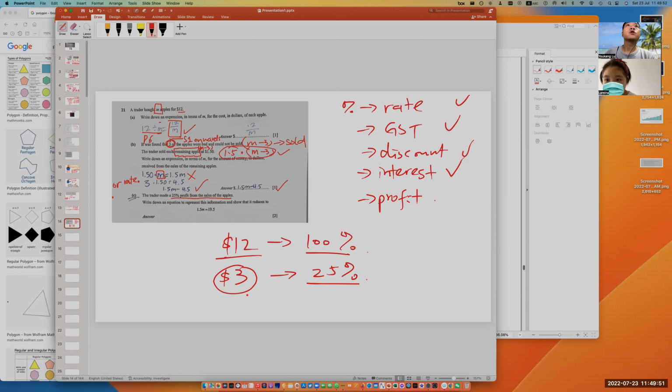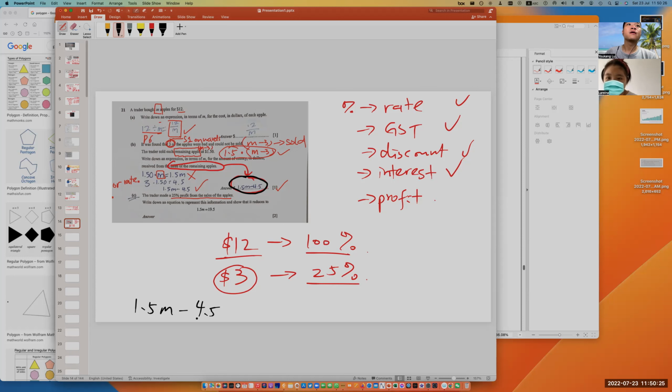So this one is the sales of the remaining apples, right? Can you see? So how do you form an equation linking the sales of the remaining apples? Very simple. This 1.5 m minus the 4.5 is the money you get from selling the apples.